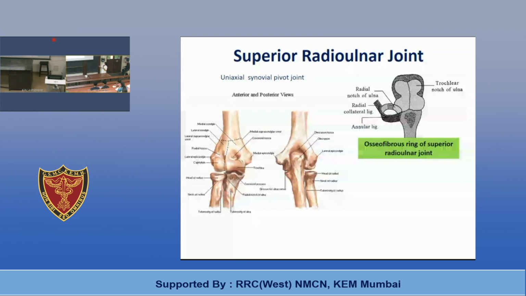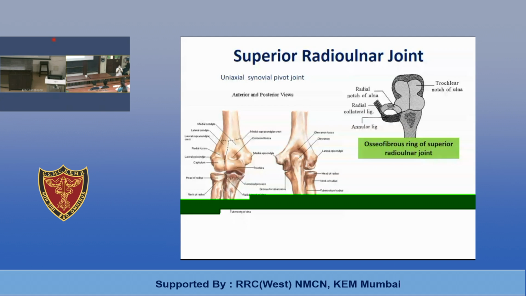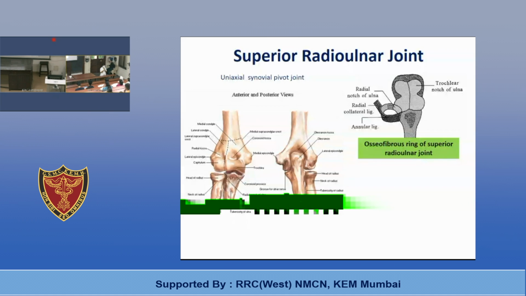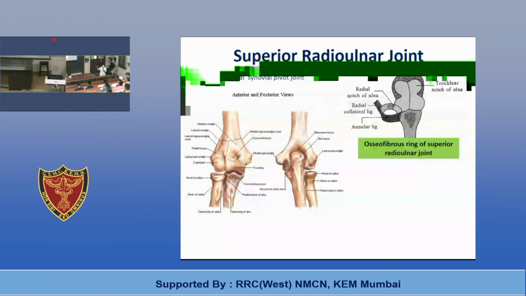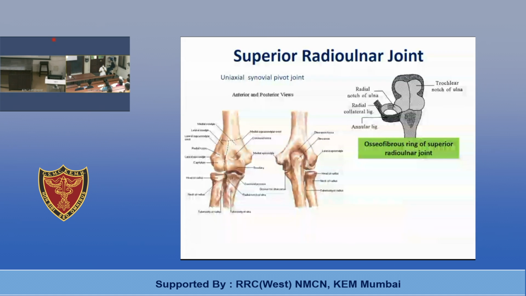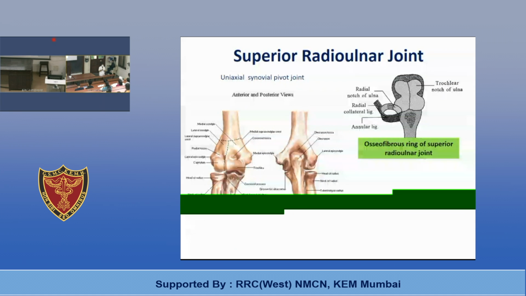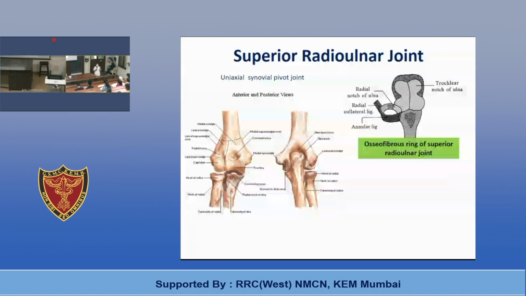So it is basically an osteofibrous ring which accommodates the head of radius. It is not entirely osseous, it is osteofibrous. So why is it osteofibrous? Until and unless you have this fibrous component, your joint is not complete. So if you place only head of radius with the radial notch of ulna, it is incomplete without its ligament.